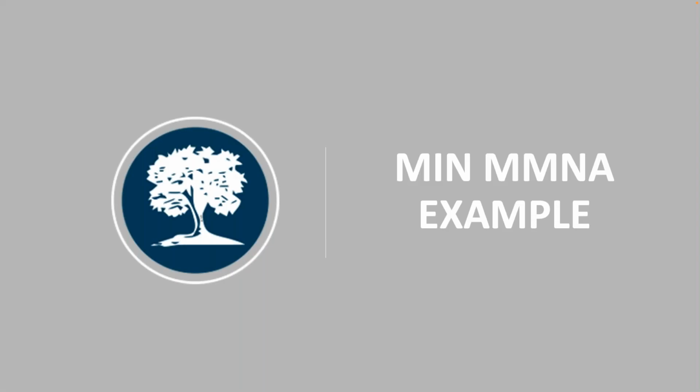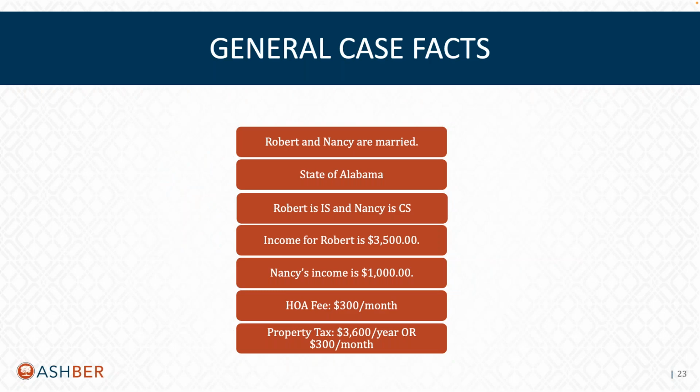Example number two, we're going to look at the opposite end of the spectrum. We're going to use the minimum MMNA in this situation. Now, I'm going to hold every other fact of the case constant, except I'm changing the state from Georgia to Alabama. Essentially, we're switching from the Eastern to Central time zones, I think. But Alabama is the one state that I would technically classify as a max only state.